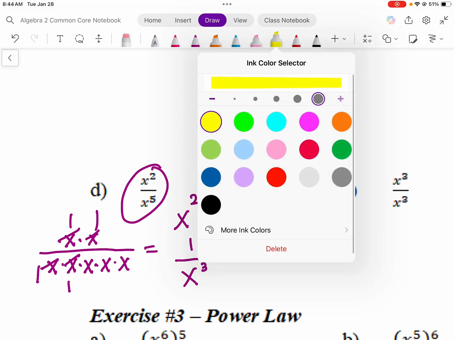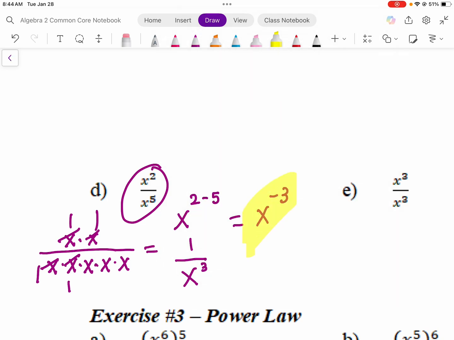These two things, x to the minus 3 and 1 over x to the positive 3, are the same. So if you have a negative exponent, remember, it's going to flip it over and make it the denominator, okay?